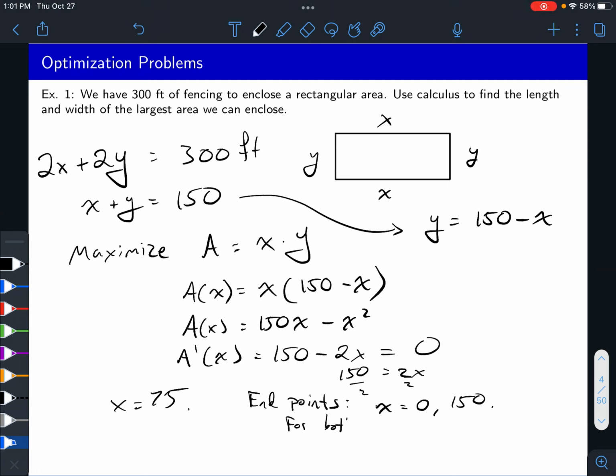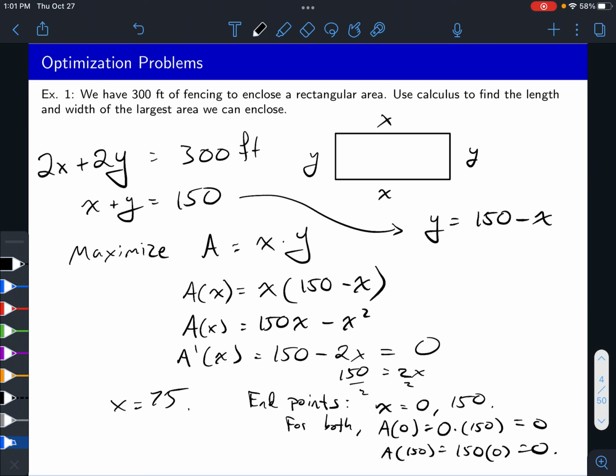So for both of these endpoints, the area is going to be equal to, well, it's going to be 0 times 150 minus 0 if I were to plug in 0, and if I were to plug in 150, then I would get the same thing. 150 times 0, so we get 0.